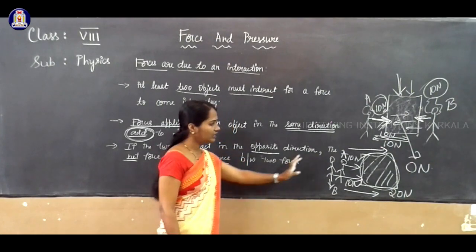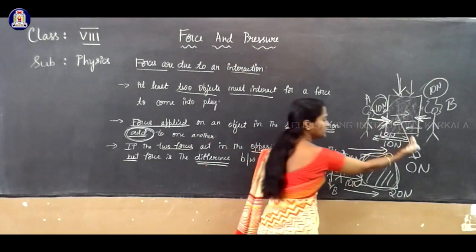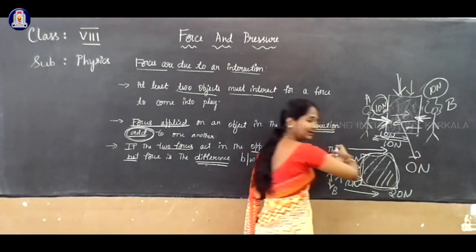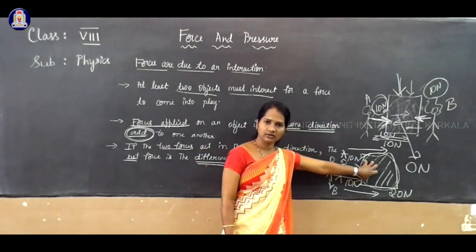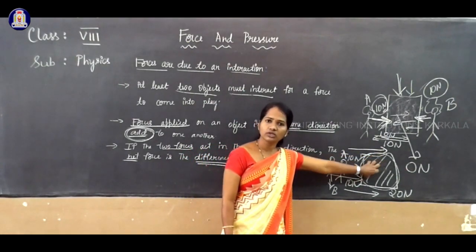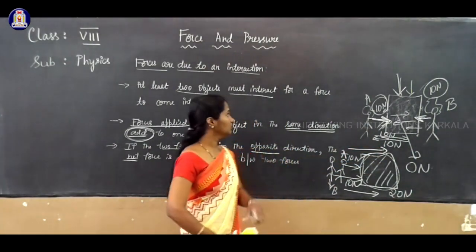Suppose one person is applying force in one direction and another is applying force in another direction. To find the total force on the object, we have to take the difference. I will give one more example.